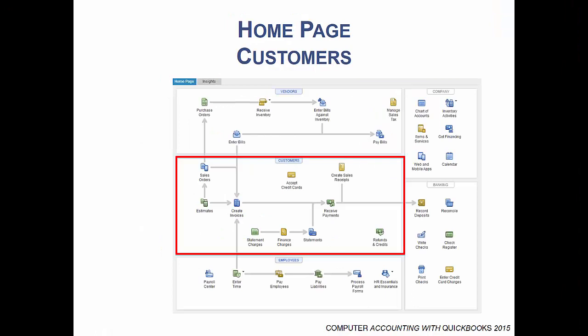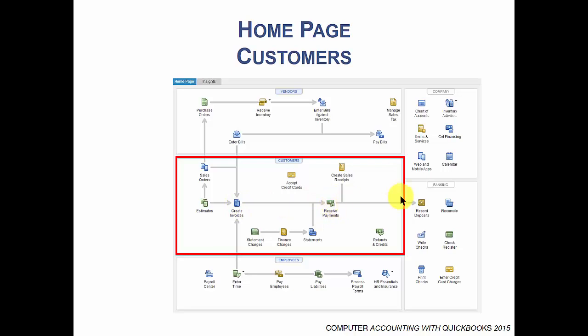Okay, here we are at the customer section. Now again, we have that flow chart, and you'll see it's showing you where you're going to flow to the next process. So if I create an invoice, then I have to go here to receive a payment against the invoice.